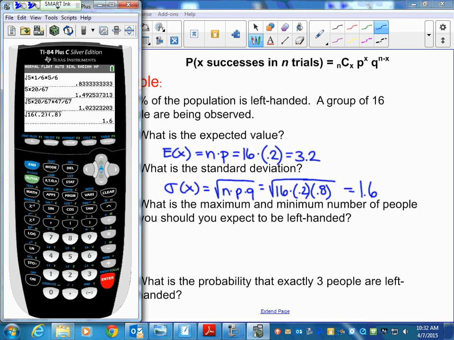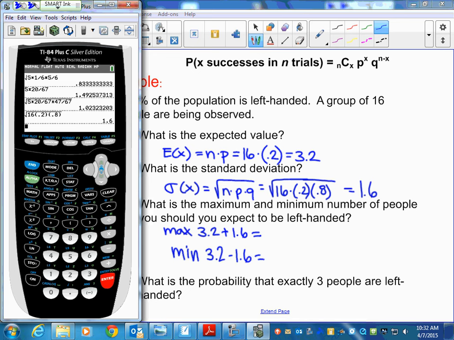So now this is the new part, you guys. What is the maximum and minimum number of people you should expect to be left-handed? To find the maximum, we need to take the expected value, which is 3.2, and add the standard deviation of 1.6 to it. We also need to do the same thing for the minimum, except now we take the expected value and subtract the standard deviation from it.